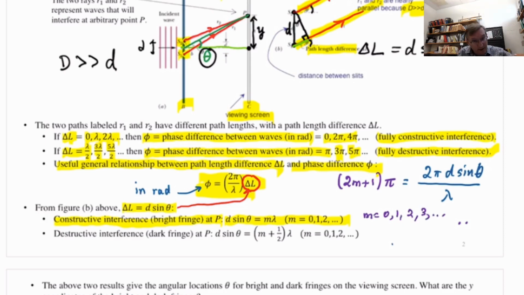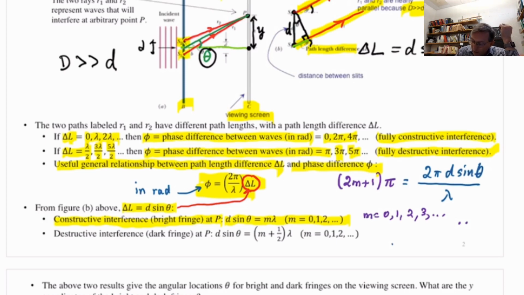You see how that can work? Plug m equals 0 into that expression and you get pi. Plug in m equals 1, you get 3 pi. Plug in m equals 2, you get 5 pi, etc.